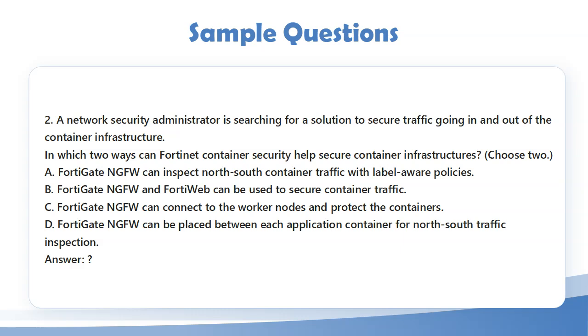B. FortiGate NGFW and FortiWeb can be used to secure container traffic. C. FortiGate NGFW can connect to the worker nodes and protect the containers. D. FortiGate NGFW can be placed between each application container for north-south traffic inspection.